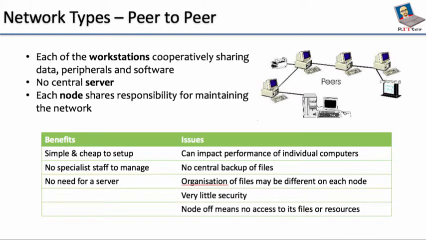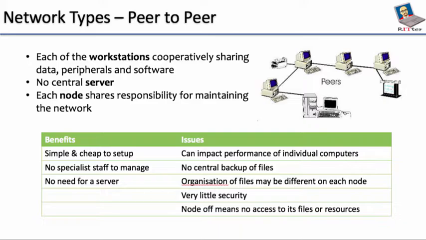There are different architectures for computers, and there are different architectures for networks as well. So we're going to explore some of those main architectures. And really, I guess the early networking architecture was this one, peer-to-peer. Essentially using a cable to connect from one computer to the next, and often from a server to a workstation, then to the next workstation, to the next workstation, to the next workstation.